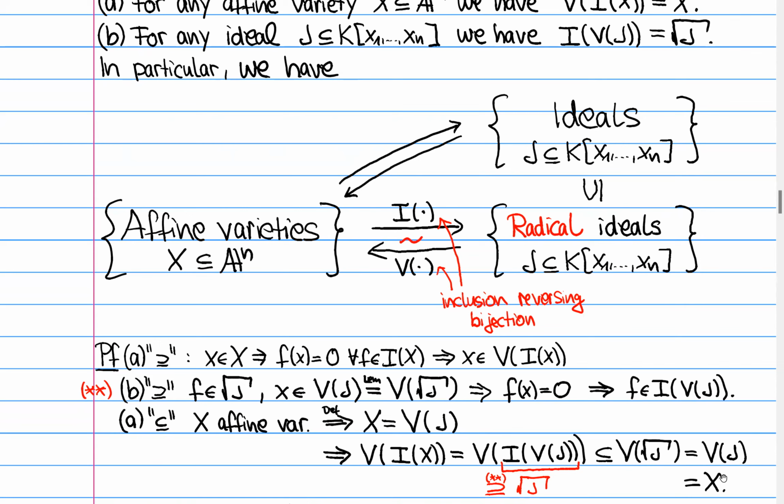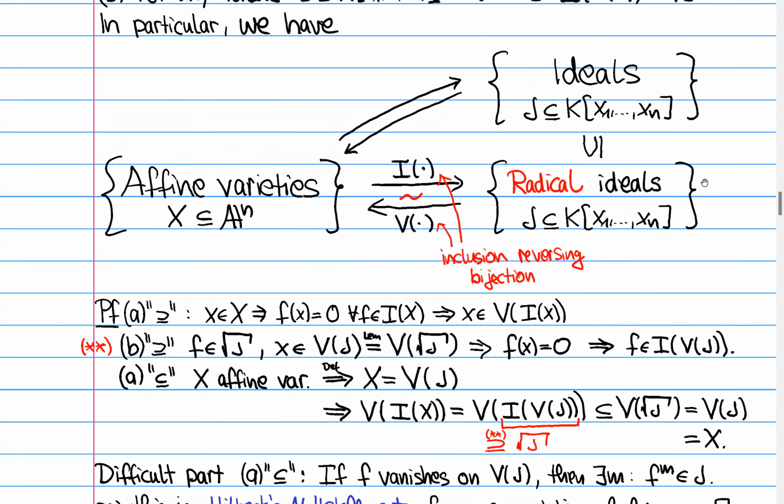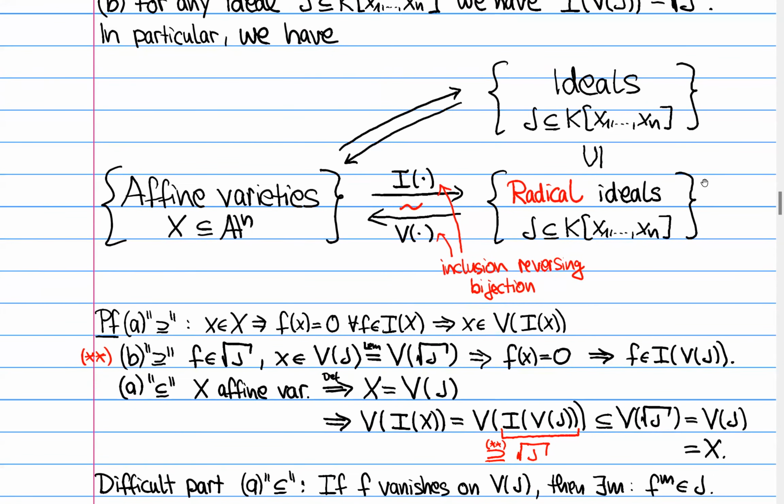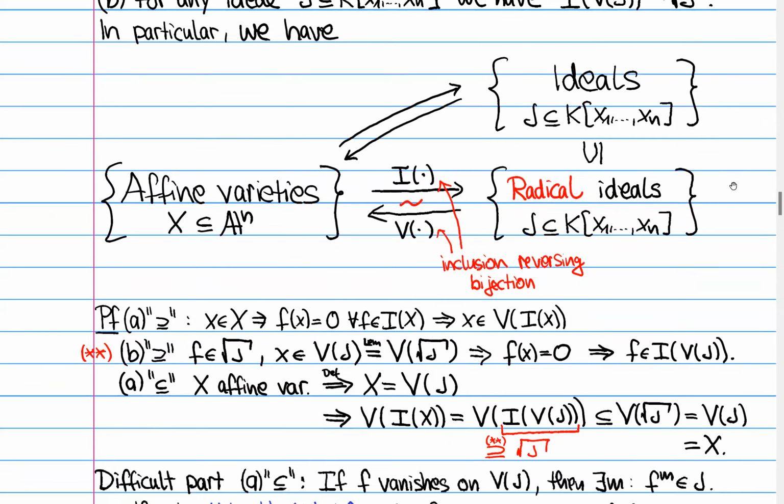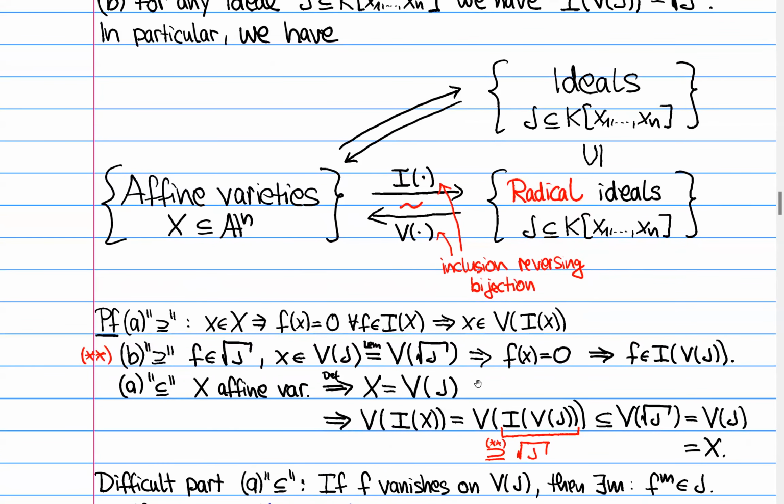So there's one more left, which is in part B, this inclusion here. So it says the ideal of the vanishing locus of J is contained in the radical. In other words, if a function f vanishes on this vanishing locus, then it's in the radical, so it means there exists some power such that it is actually contained in this ideal.